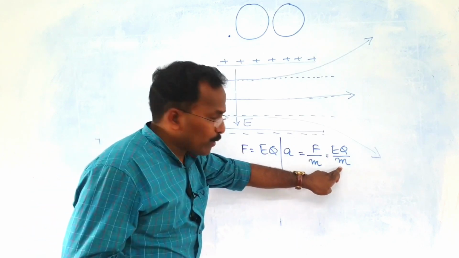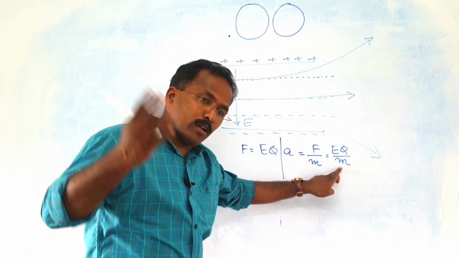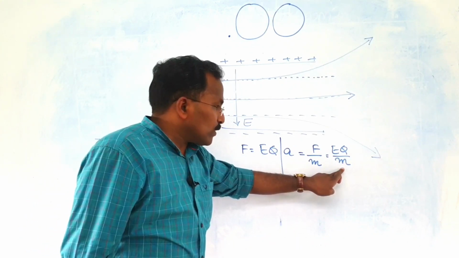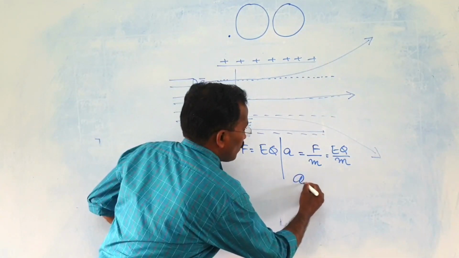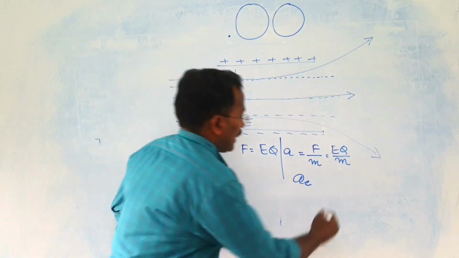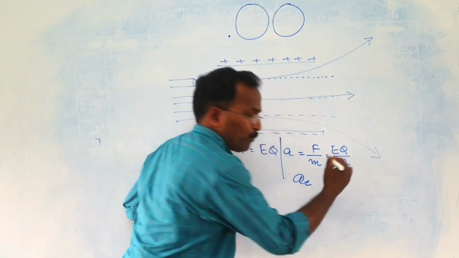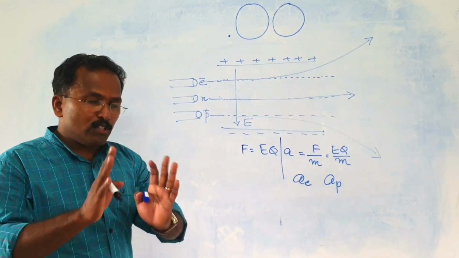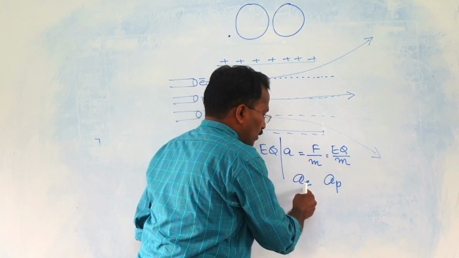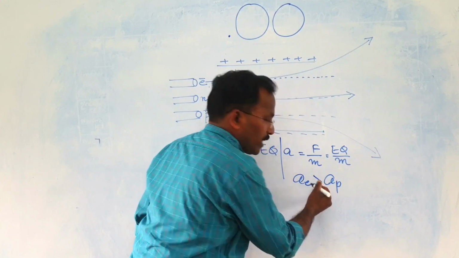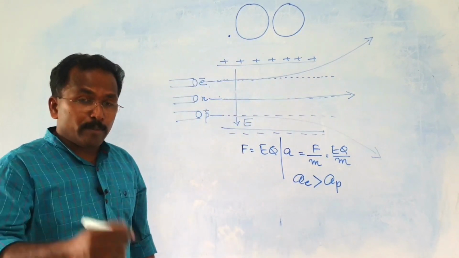So the mass of the proton is 2000 times more, which means the mass of the electron is less. If you compare the acceleration of the electron and the acceleration of the proton, which will be greater? M being less for electron, the acceleration will be much greater, not just greater, much greater.